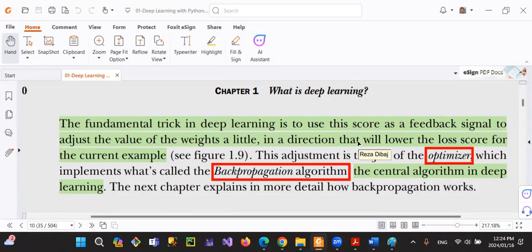Is it going to happen from output towards input or from input towards output? Output towards.